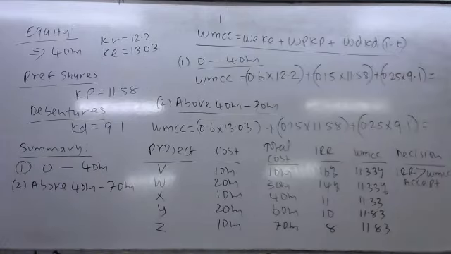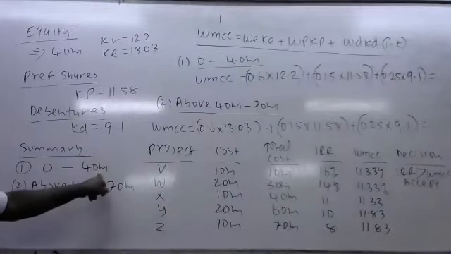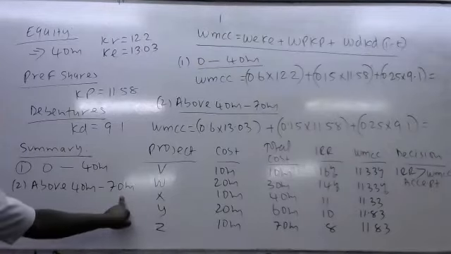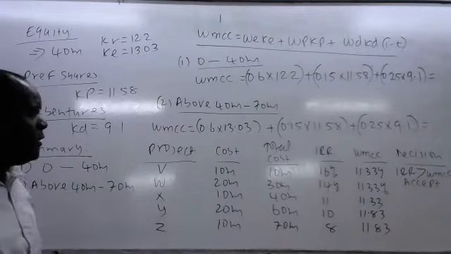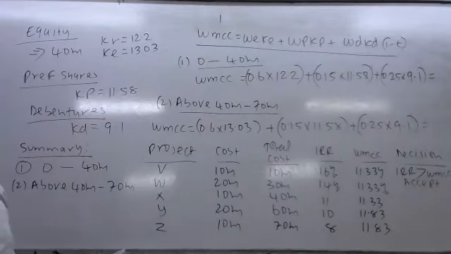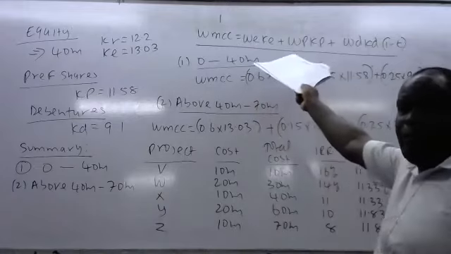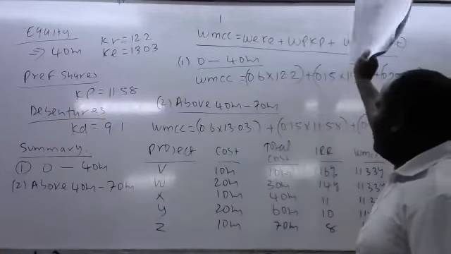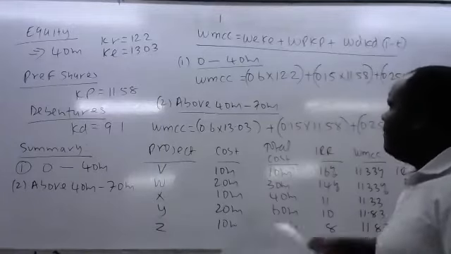The next one is normally above the lowest to the next highest. But the question had only one breakpoint. That's why I had 40 million. Then this 70 was the total for all those projects. So the WMCC is the weight of equity multiplied by the cost of equity, plus the weight for the preference shares multiplied by the cost for the preference share, plus the weight for the debentures multiplied by the cost of the debentures.